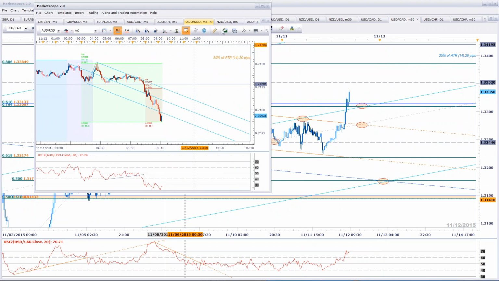Let's see if we can get some triggers on this, actually, before we leave. Way too steep.